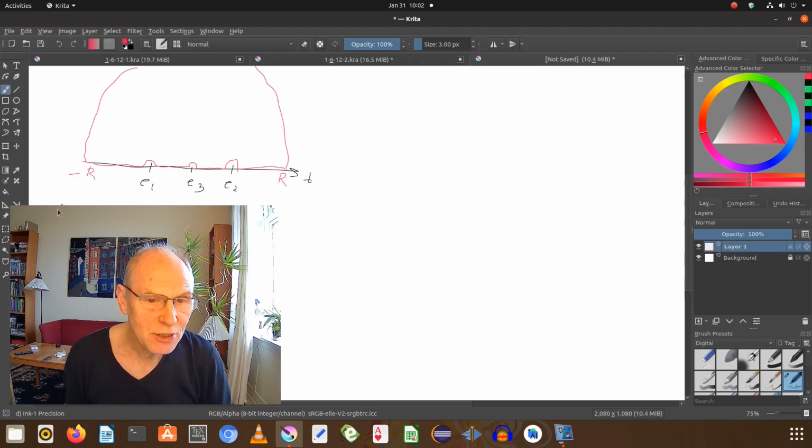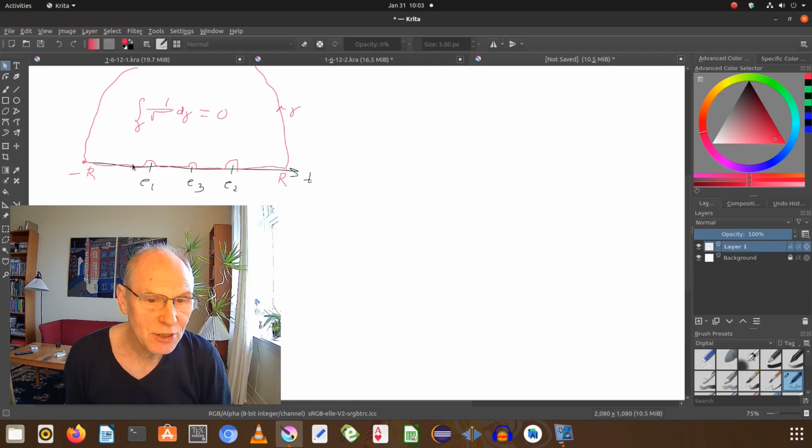This integral, say starting here, going around, vanishes. And the integral along the large half circle will tend to naught, because we already did that earlier.